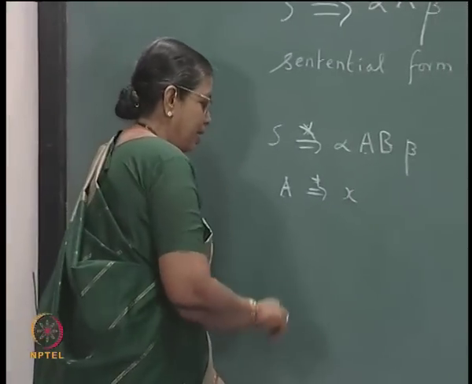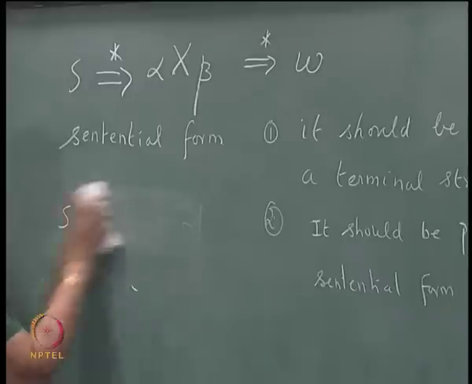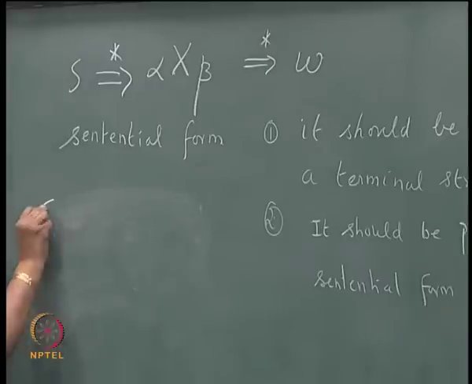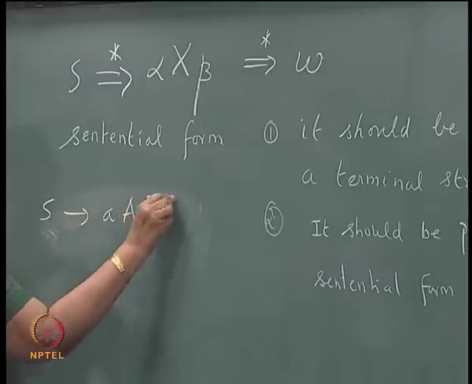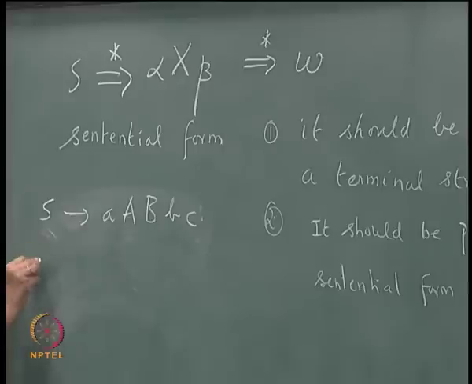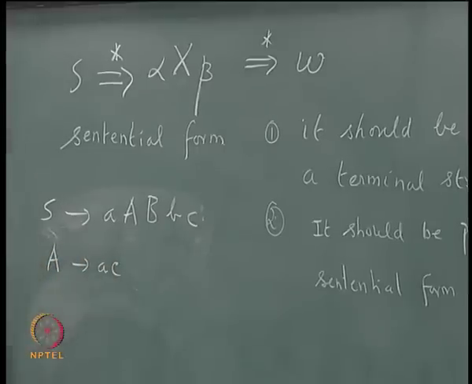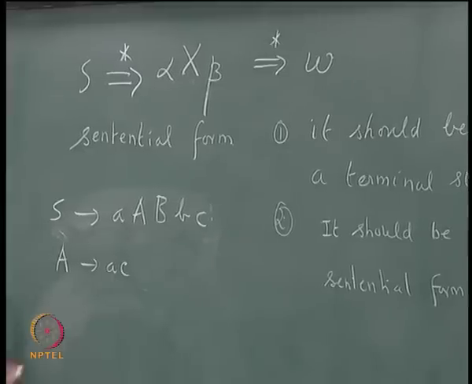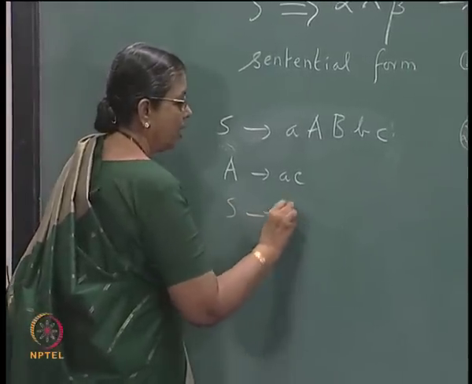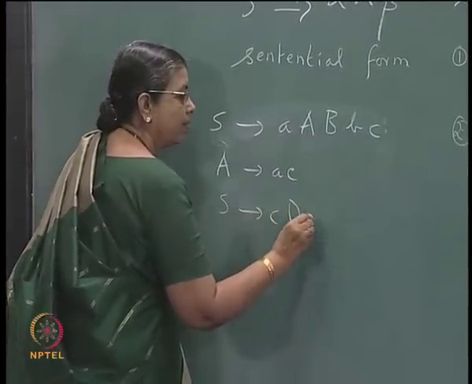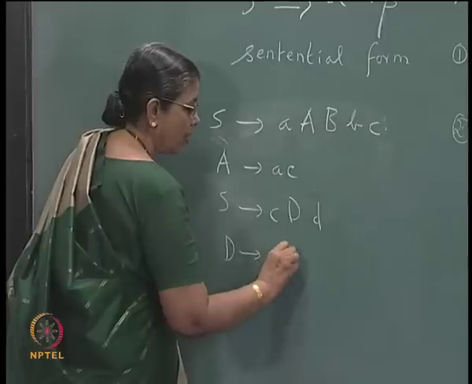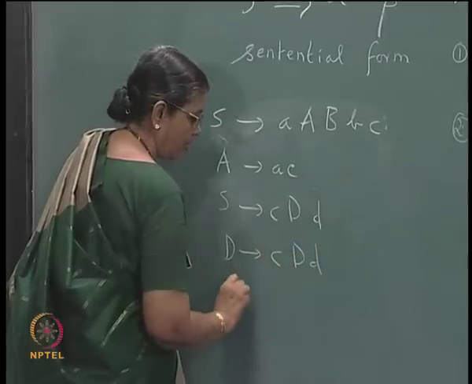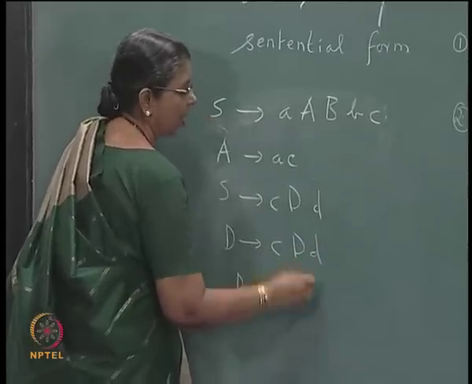Or, I will write it like this. Suppose I have a grammar in which I have a rule S goes to A B, B C. Then A goes to A C. Then some other rules, S goes to C D, and some other rules are there.